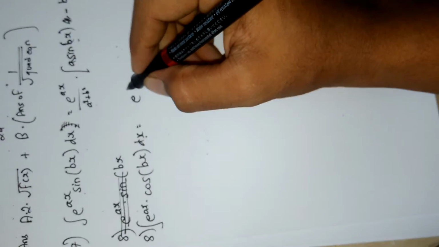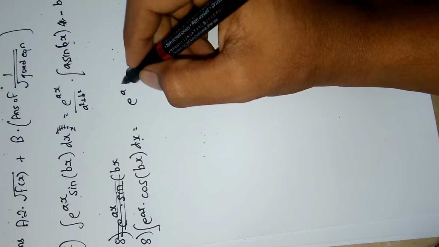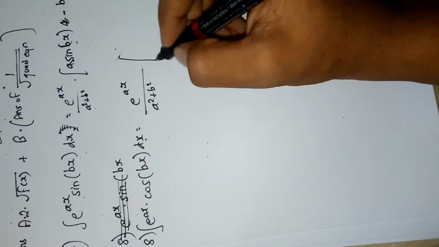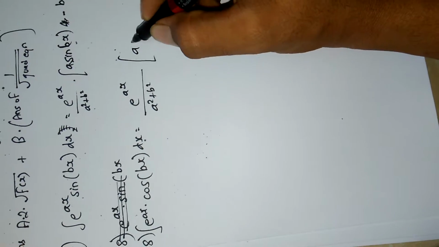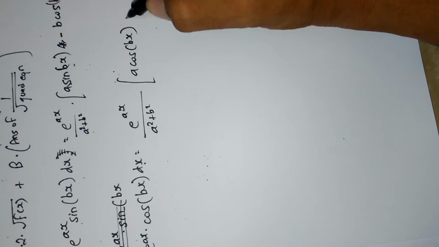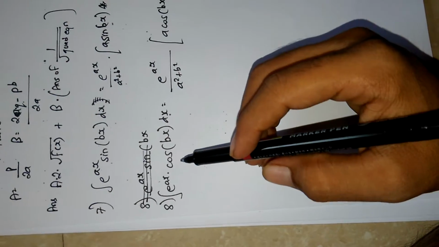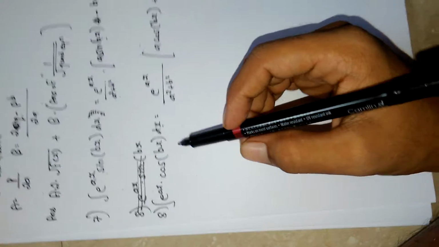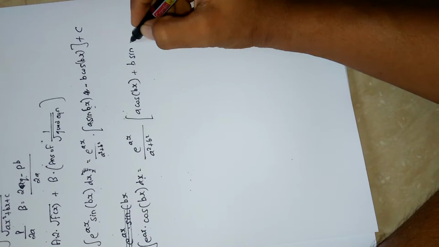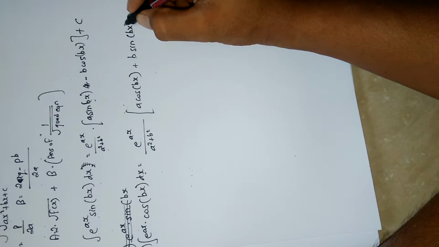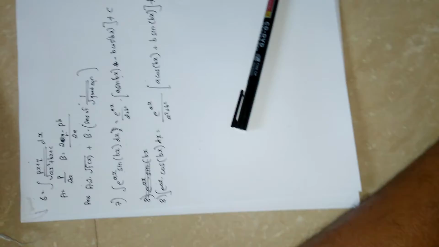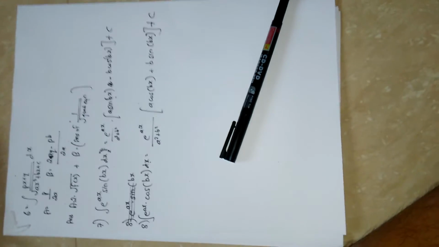The first step would be the same, and the second would be a into cos bx plus b into the derivative of cos bx, which would be sin bx. See, and that's it. This is your final answer, guys.